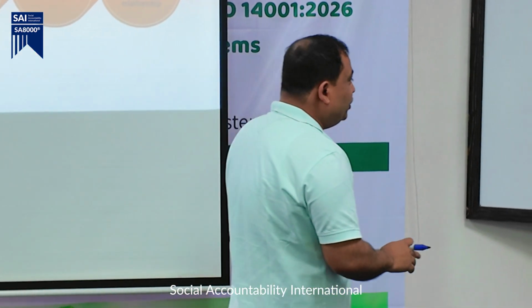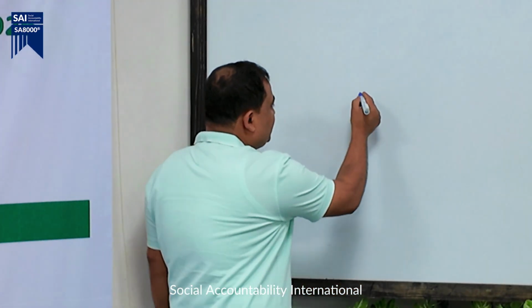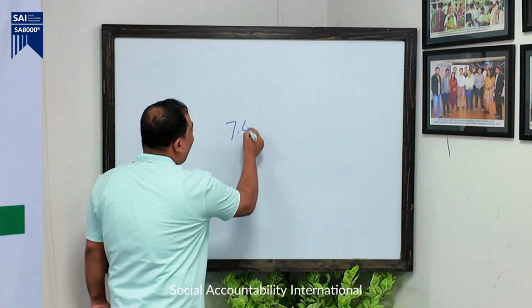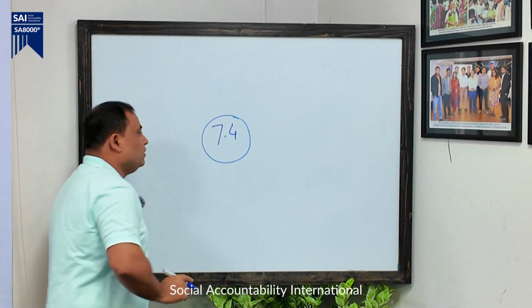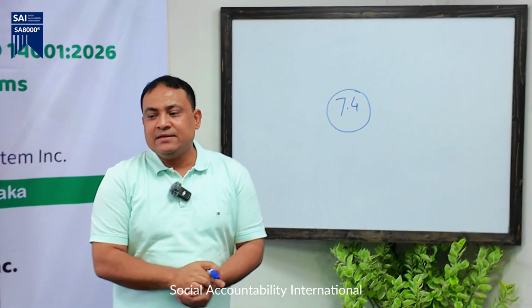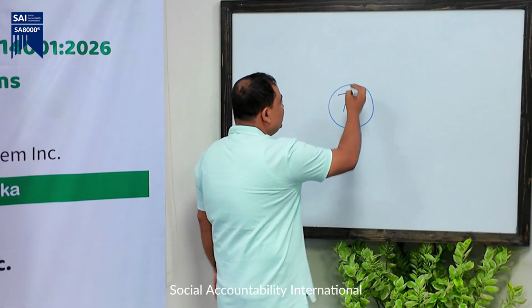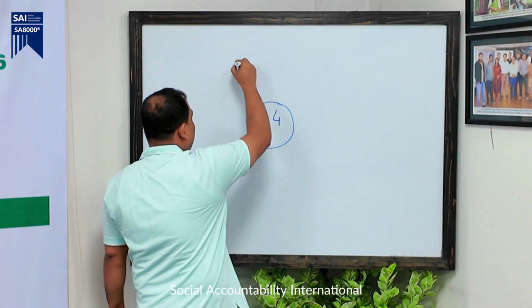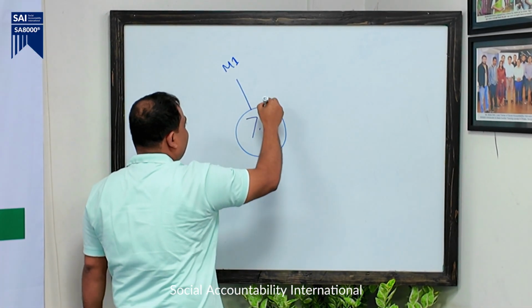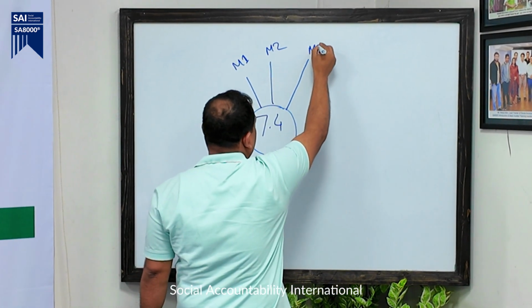Now, if we try to connect the requirements of 7.4, managing the business partners in the business interactions, then we can explain the requirement like this. There are M1, M2 and M3.